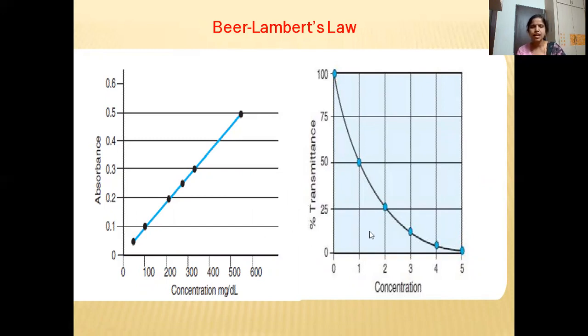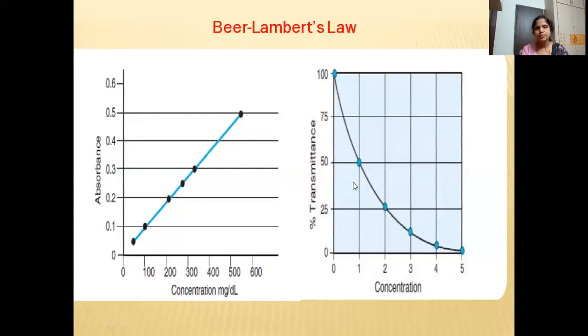Suppose we draw the graph by taking concentration and transmittance, we will get a curve in this way. In the first case, when the concentration is low, the absorbance is also low. As the concentration increases, the absorbance also increases. At higher concentration, absorbance is high.